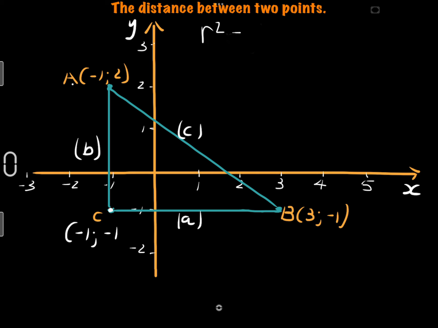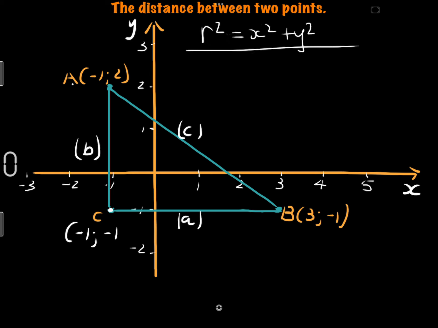r squared is equal to x squared plus y squared. That's the original formula for the Pythagoras theorem. Now, by substitution, r squared is our hypotenuse, so in this case c is our hypotenuse here.